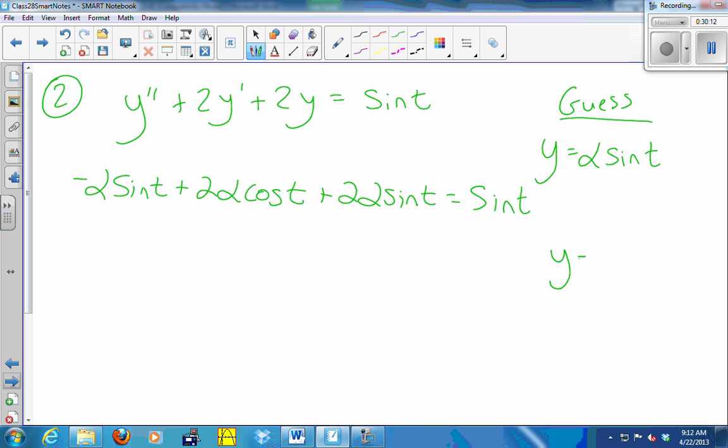Okay, let's try y equals alpha cosine t. So y double prime would be negative alpha cosine, and then plus 2 times the derivative, which would be negative alpha sine t, and then plus 2y, 2 alpha cosine.